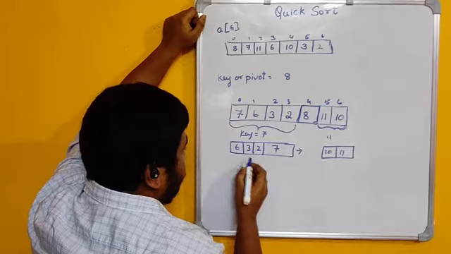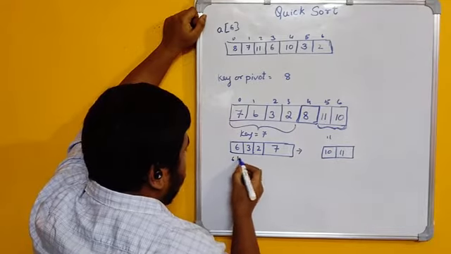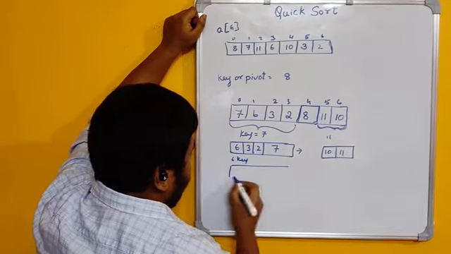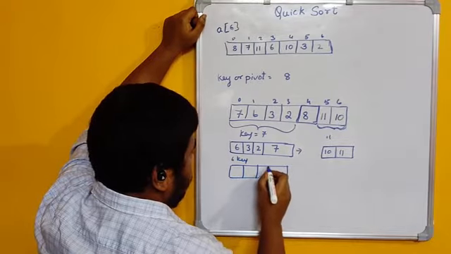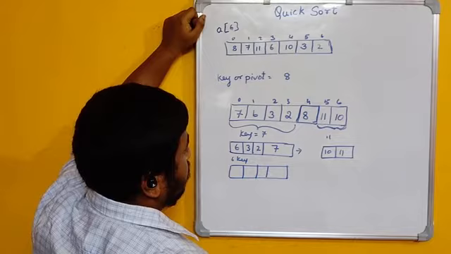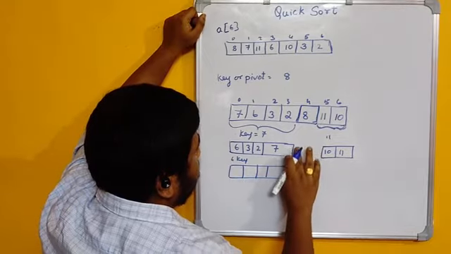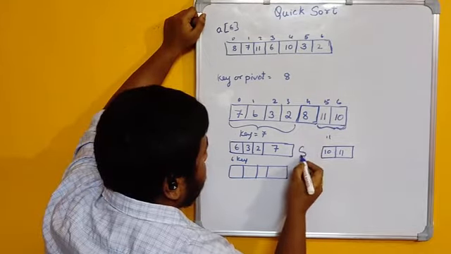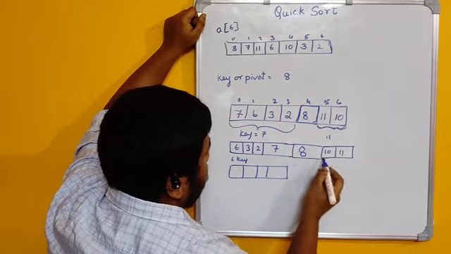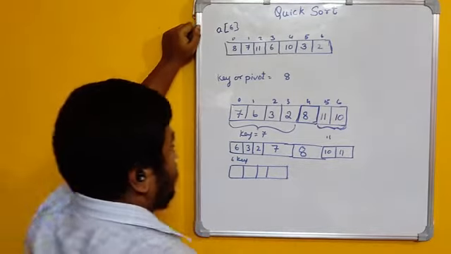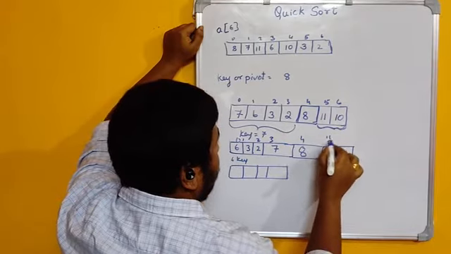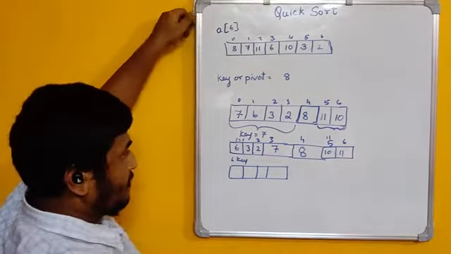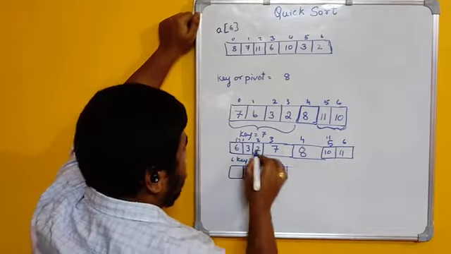How will we partition it? Now 6 is the key.